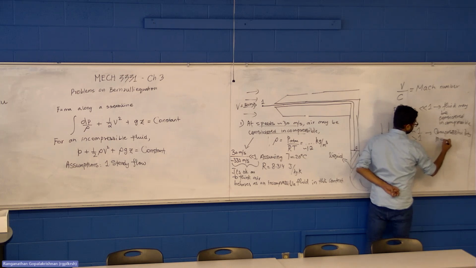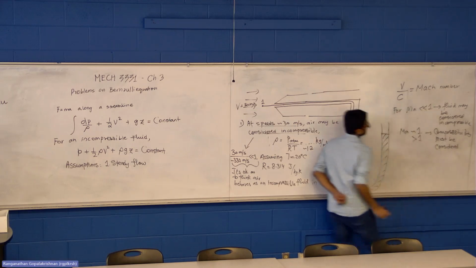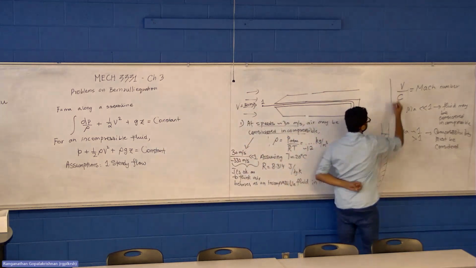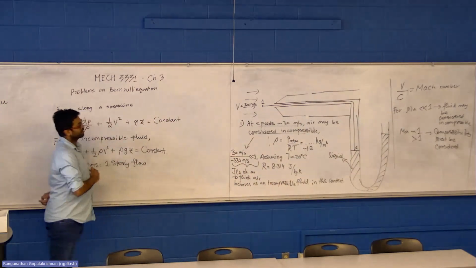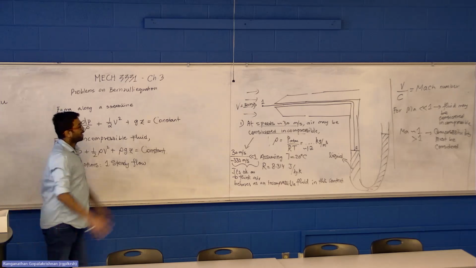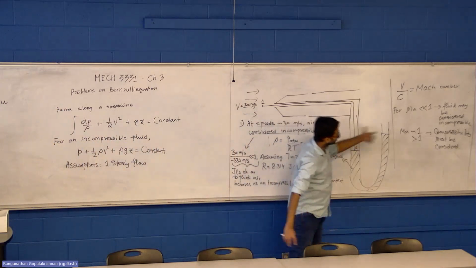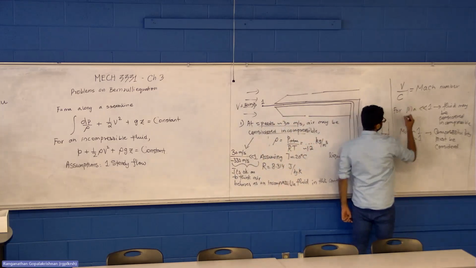Compressibility must be considered. So in that case, you can't say it's incompressible. This is what I want you to put down for your participation. First thing you learned: when is it okay to consider a fluid incompressible versus compressible, especially for gases.